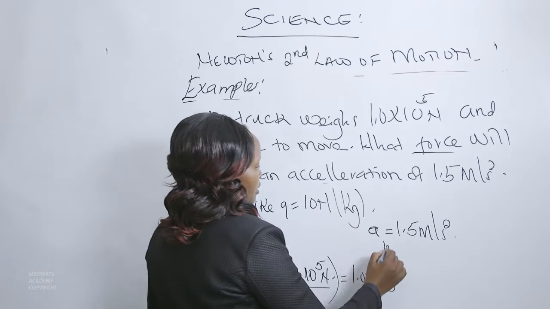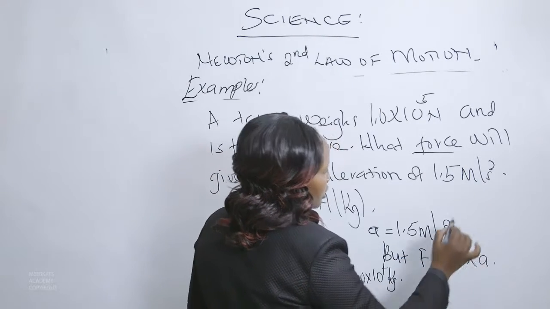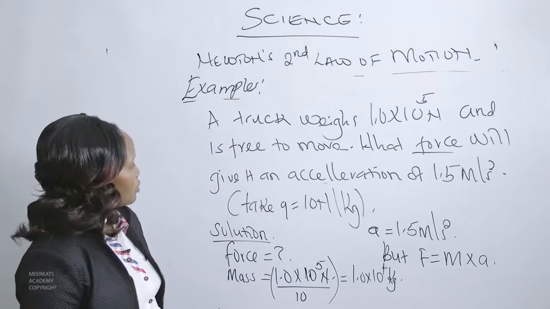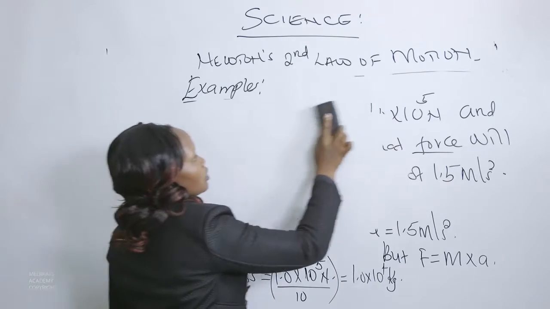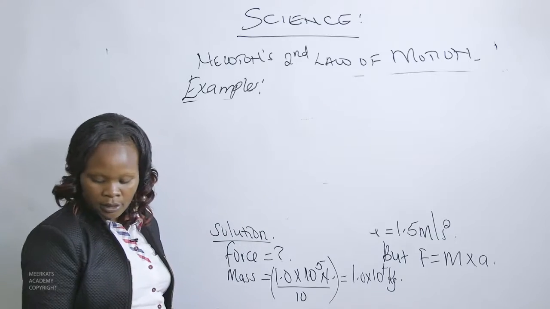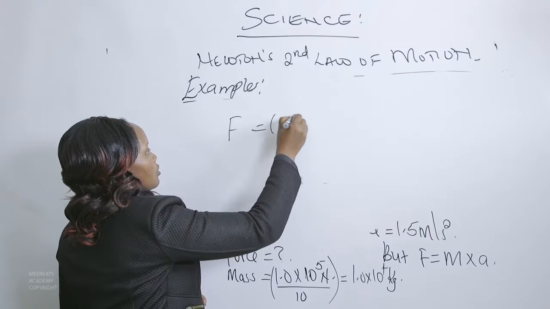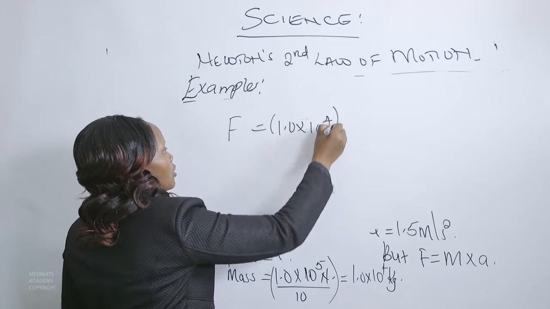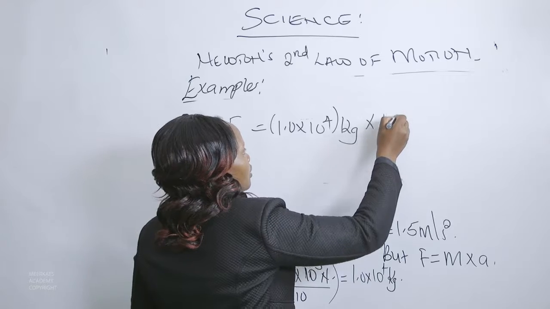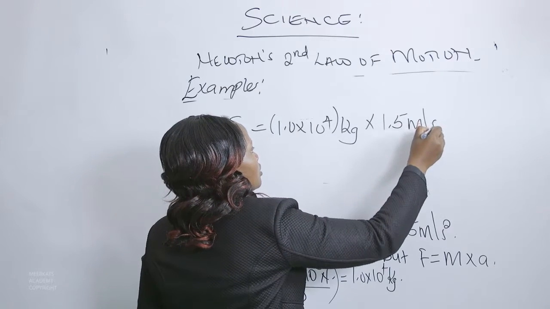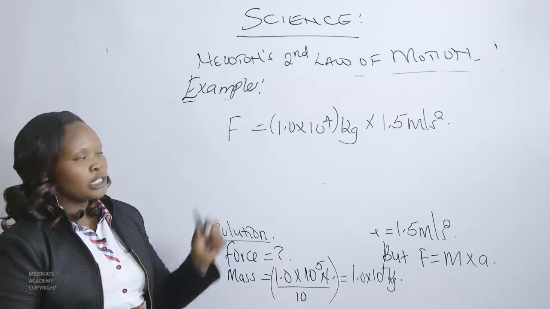We say, but force is given by mass times acceleration. Then we could try and put in the values so that we can get the force. Our mass is 1.0 times 10 to power 4 kilograms, and this one should be multiplied by 1.5 meters per second squared to get to the force.